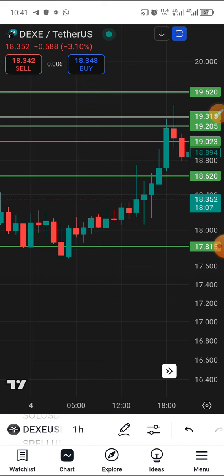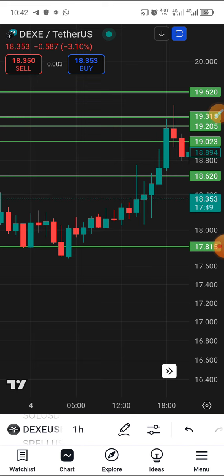Indicators also don't control the market. They are just giving you a picture, predicting the future according to the history, but they do not control the market.